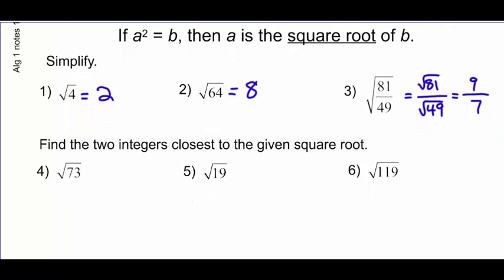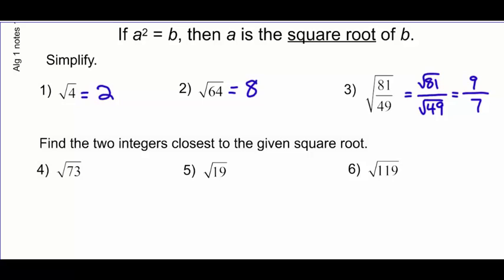All right, next topic, it's somewhat related, but this time we're going to approximate square roots by basically choosing the integers that it's closest to. So here's what I know. Square root of 73 is not an exact integer value. Instead, what we've got here is something that's between two integers.